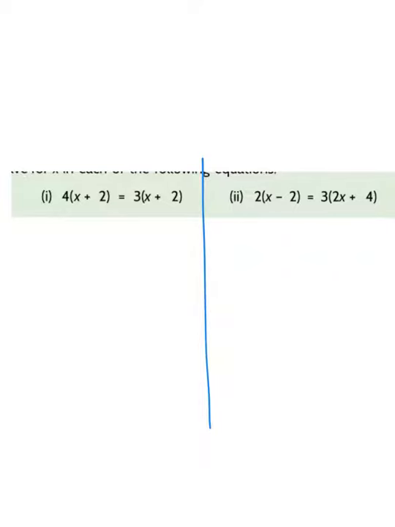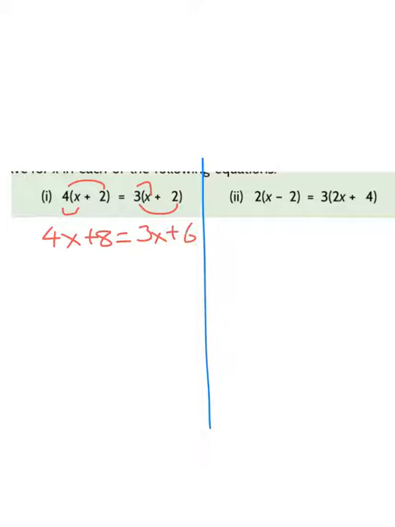Finally, you could also be asked to solve for x, but that may include a little bit of simplifying beforehand. So, in the above example here, I have 4 by x, which gives me 4x, 4 by 2, which gives me plus 8, is equal to 3 by x gives me 3x, 3 by 2 gives me plus 6.